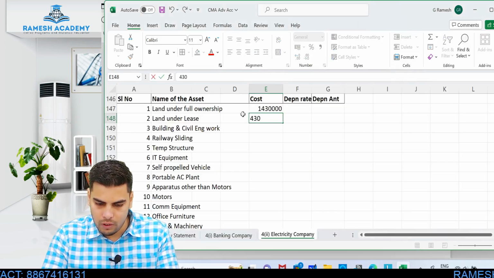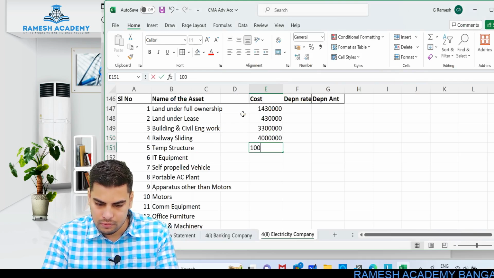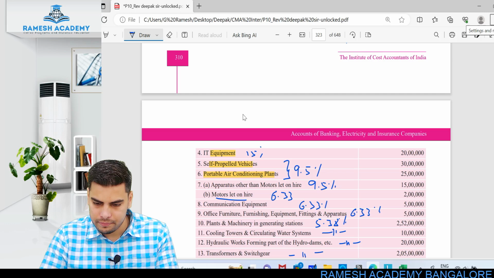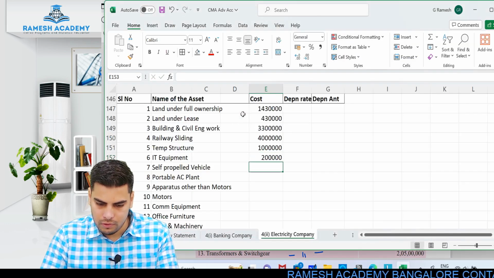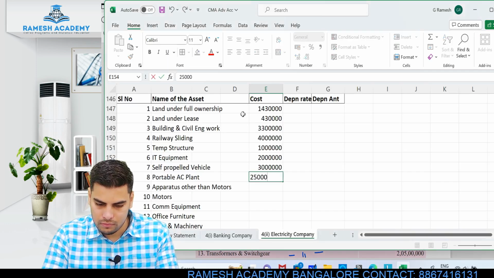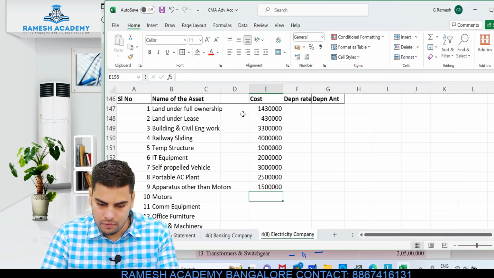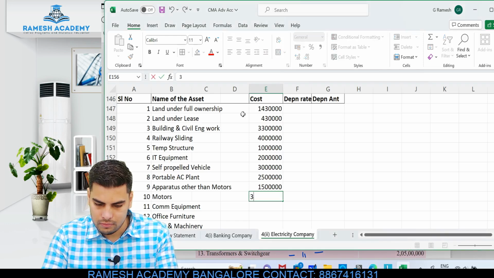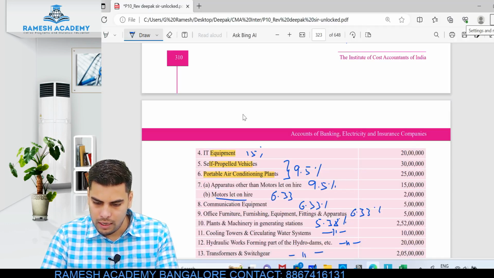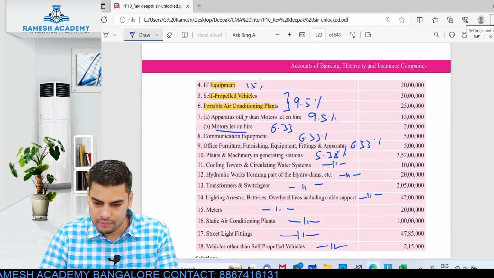Then we have got 4,30,000, 33 lakh, 40 lakh, 10 lakh, 20 lakh, 30 lakhs, 25 lakh, 15 lakh, 2 lakh, 5 lakh and 5 lakh.